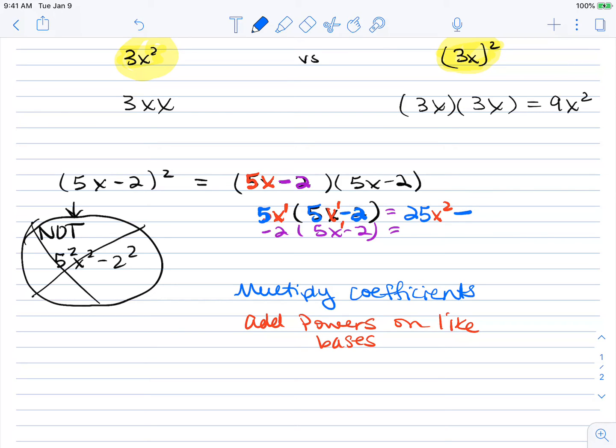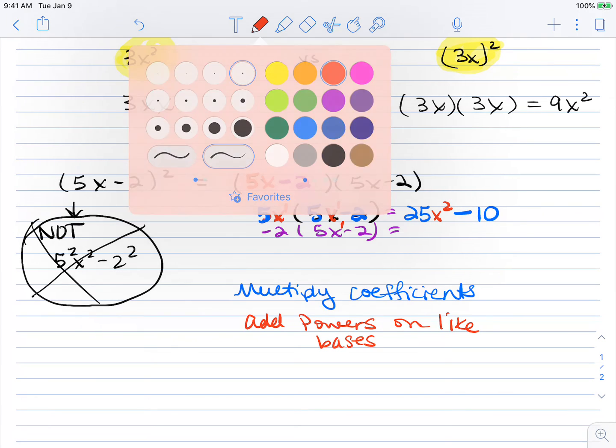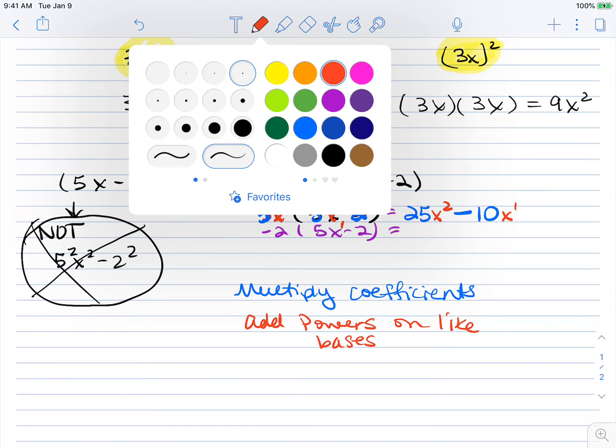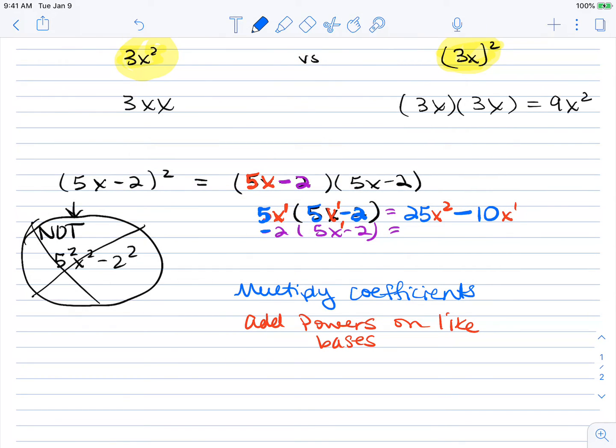And then I'm going to move to the next one and go, I'm doing 5 times negative 2, and that's going to give me negative 10, and only this guy right here has an x part of the term, and this one does not. So I'm just going to write down that I have an x to the 1. I'm going to do the same thing on the second one. I'm going to distribute that negative 2 through, so I've got a negative 2 times 5, and that's going to be a negative 10.